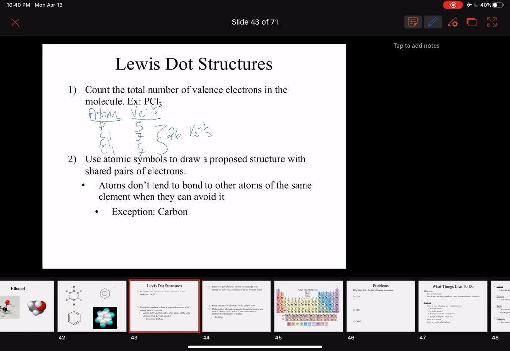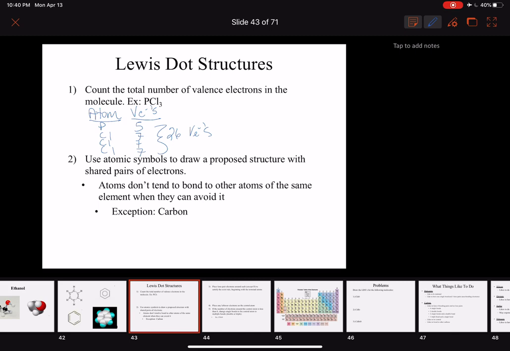Number 2 says use atomic symbols to draw a proposed structure with shared pairs of electrons. The bullet point there says atoms don't tend to bond to other atoms of the same element when they can avoid it, which means that a chlorine won't bond to another chlorine if it can bond to an atom of a different element.